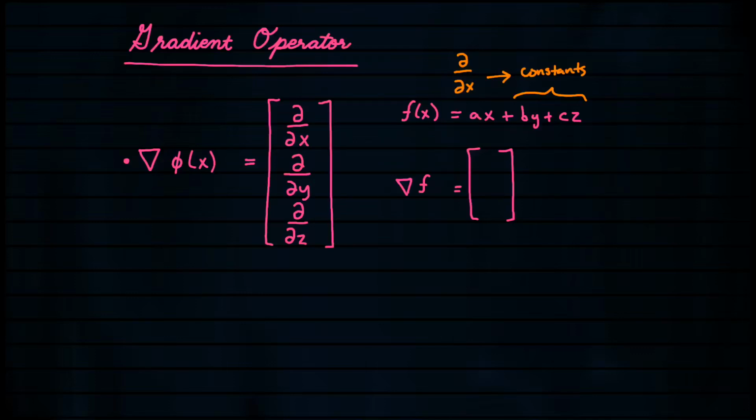Essentially those will end up being 0 because the derivative of a constant is 0. And then the derivative of ax is simply a. We can do the same for the other ones. So the derivative of f of x with respect to y is b, and the same thing for the derivative with respect to z, which is c. So the gradient is not so bad.